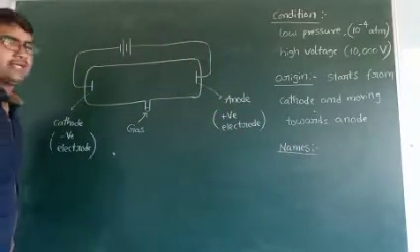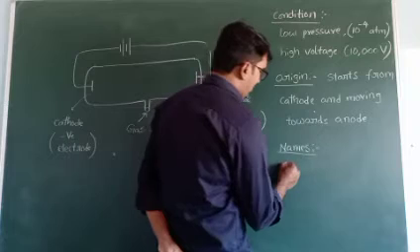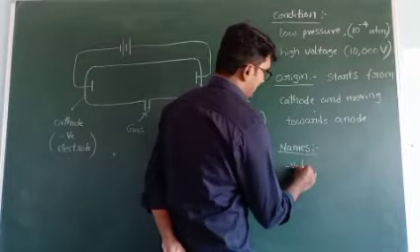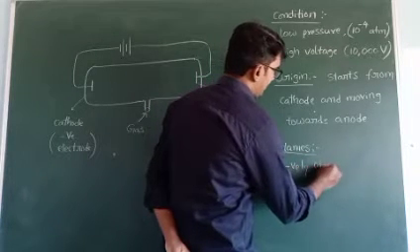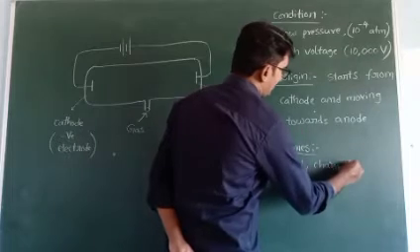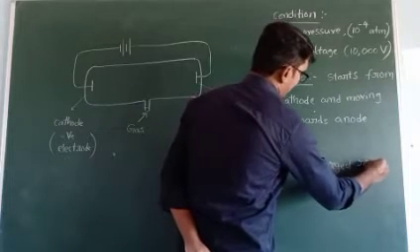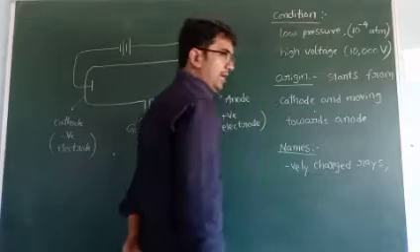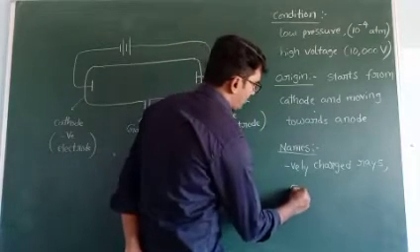The first one we know is negatively charged rays. Okay, another name, cathode rays.